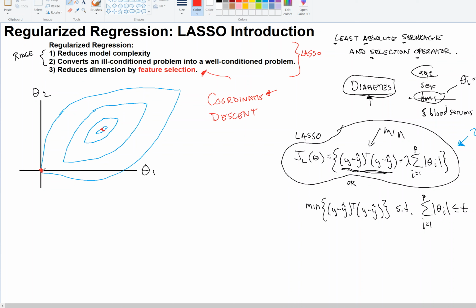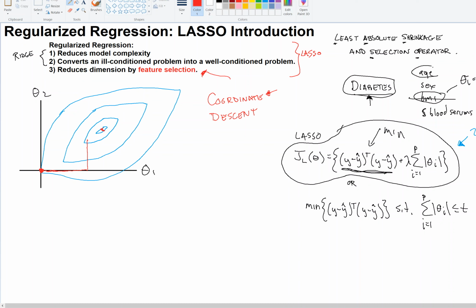So we're going to initialize our guess to the solution, maybe at 0, 0. Then we're going to choose one of the dimensions, maybe dimension 1, and we're just going to walk along that axis, walk downhill until we start to walk uphill. So maybe that's about here. Then we're going to consider the second axis, axis 2, and walk this way, downhill, until we start walking back uphill, which is maybe right there.